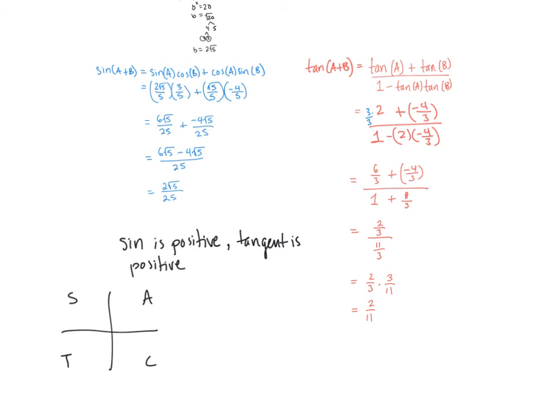What this means is that in the first quadrant, all trigonometric ratios are positive. Here only sine is positive, here only tangent is positive, and here only cosine is positive. So if both sine and tangent are positive, that must mean that A plus B is in quadrant 1. So that's how we can tell.